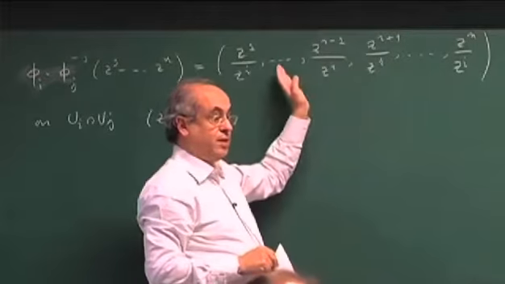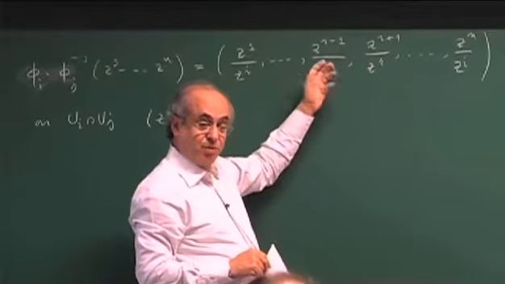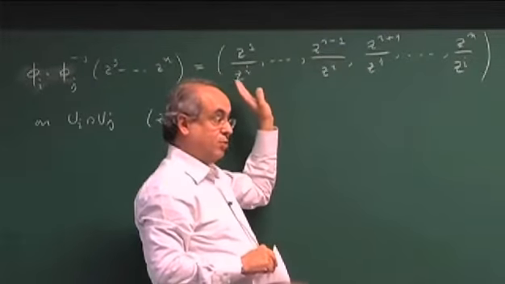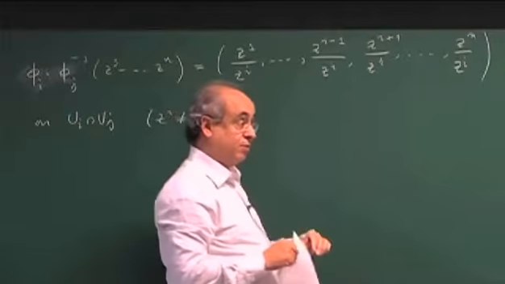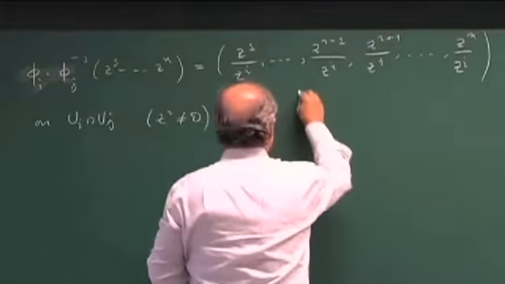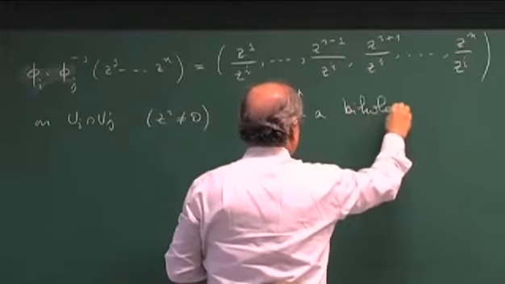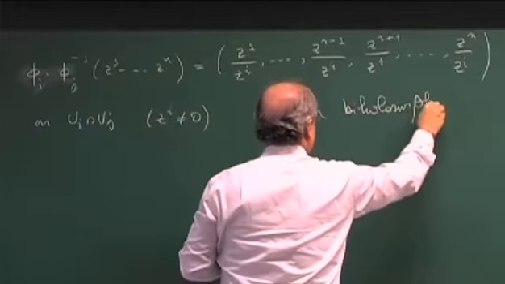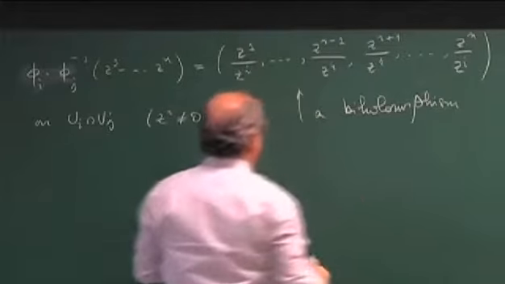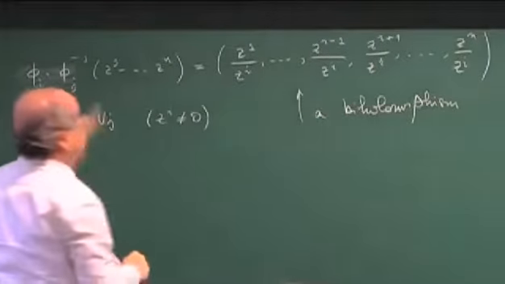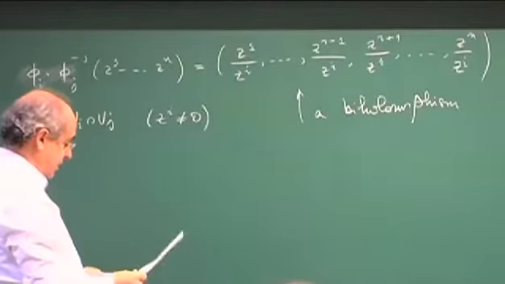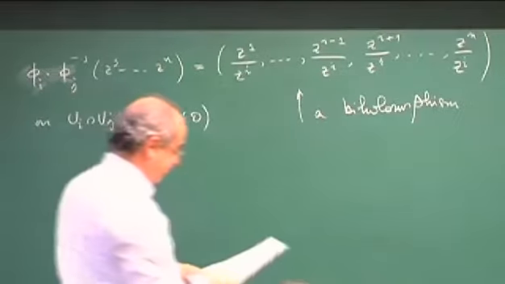Okay, this is holomorphic, and the inverse has the same structure, by the way. If you write it, it's the same object. So this is a biholomorphism. And so, in this way, Pn is a complex manifold.